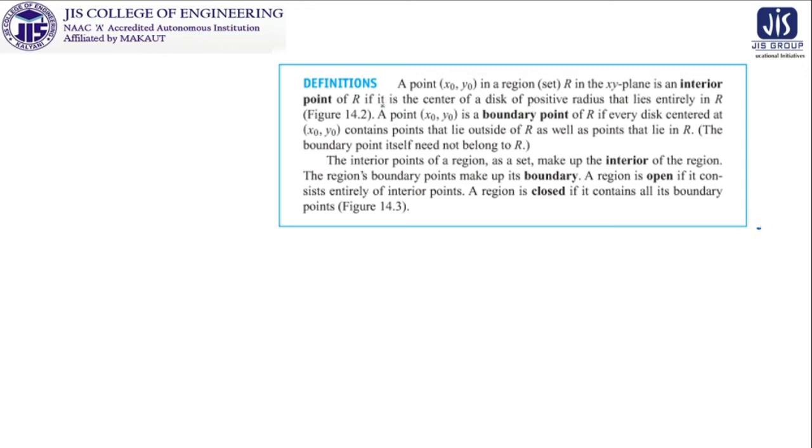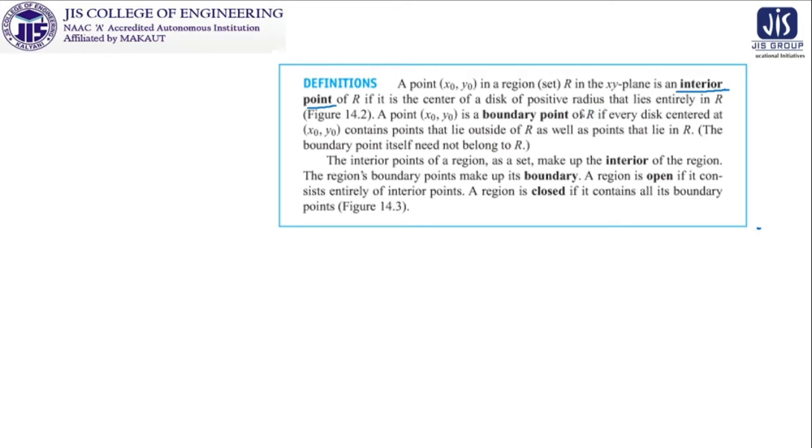In a region R, a point x0, y0 in the xy plane is called an interior point if it is the center of a disk of positive radius. Positive radius means the disk has a radius greater than 0.